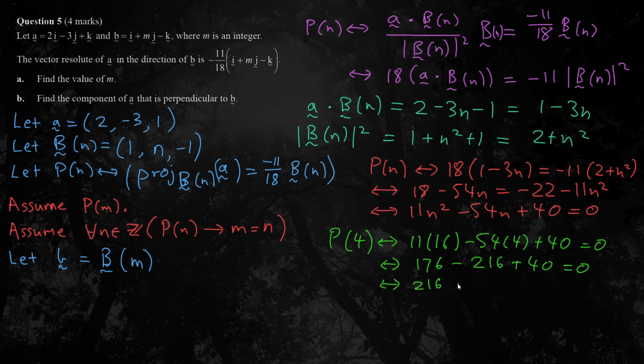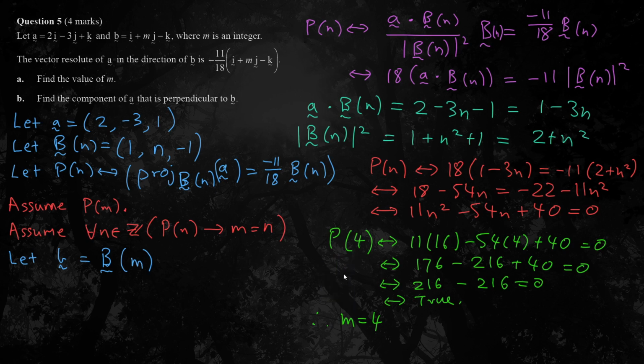So we get 216 minus 216. And this statement is obviously true. Okay, so P of 4 is true. So it turns out that because we've shown our condition P is true of the number 4, that actually allows us to conclude that M equals 4. Okay, therefore, M equals 4.